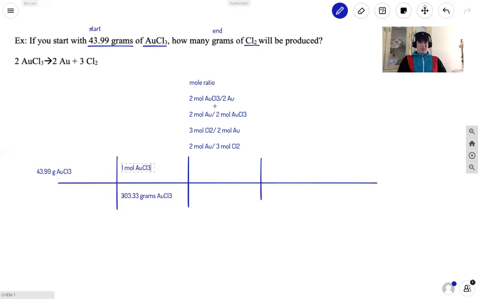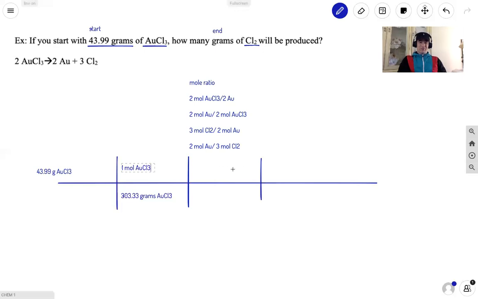Let's look at our molar ratios. For every 2 moles of gold trichloride, we're going to have 3 moles of dichloride. So down here, I'm going to do my molar ratio. Remember, I have to get rid of moles of gold trichloride, so I put moles of gold trichloride down here, and moles of dichloride up here.